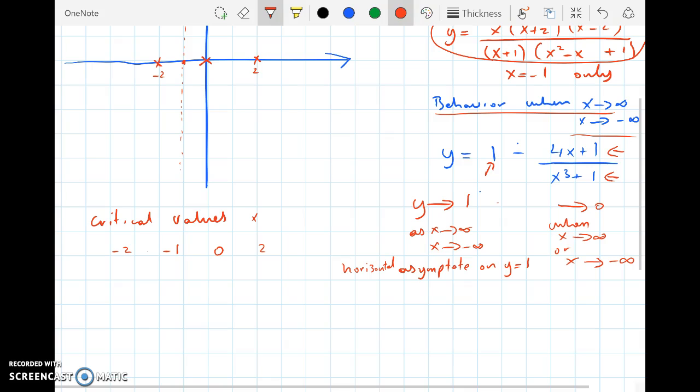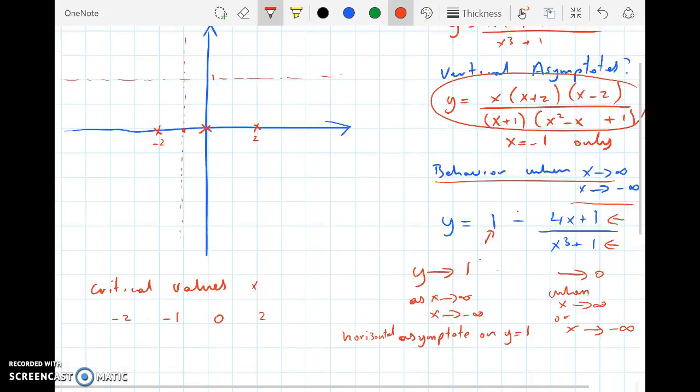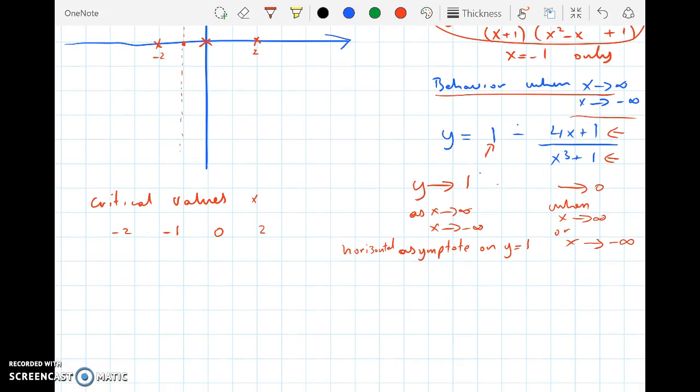So it may be worth looking for what the sign of this function is between different ranges. So for example, what does the function do when x is less than minus 2? What does it do when x is between minus 2? Let's not worry about what it is when it's actually that. It's either an asymptote or a 0 value.